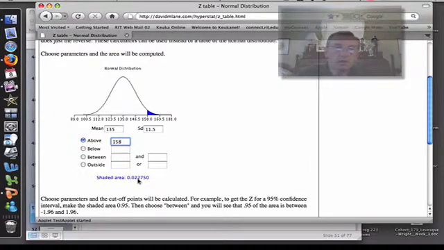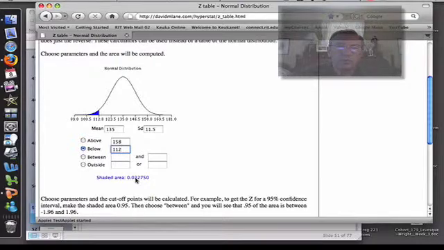That's a low likelihood. How about a value below 112? The value below 112 is 0.0227. Remember, the z-score, the relative standing, was a z-score equal to 2, both for 158 and for 112.